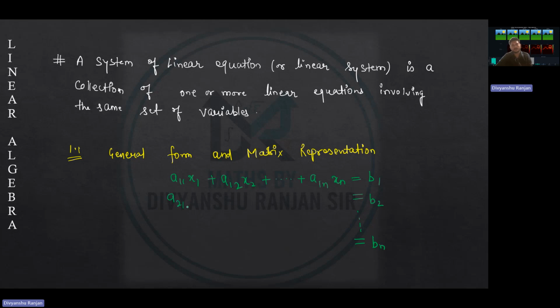For row 2 and column first, that is x1, there is another: a21 x1 plus a22 x2 up to a2n xn. Lastly, am1 x1, am2 x2 and so on, up to amn xn, which is equal to bm.